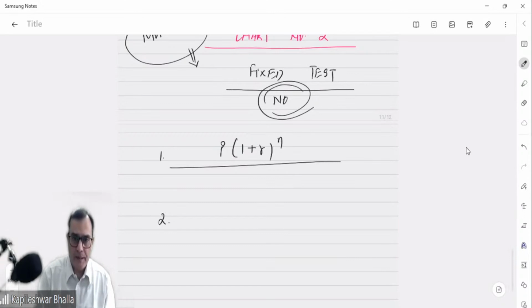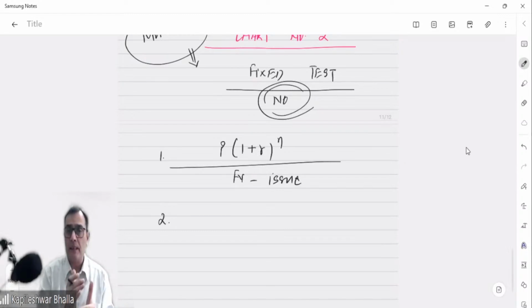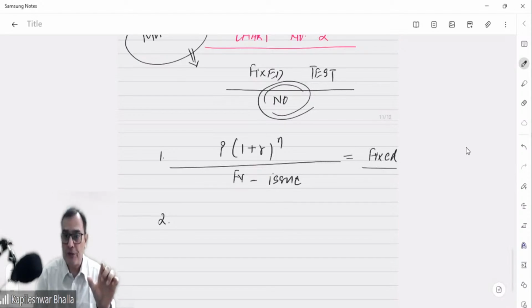We divided by the fair value of the shares at the time of issue of that instrument. Is the number fixed or variable? Because you took the fair value at the time of issue, you pre-decided the number. So the number of shares to be issued is fixed, and the moment it is fixed in number, we can definitely say that it becomes an equity instrument.